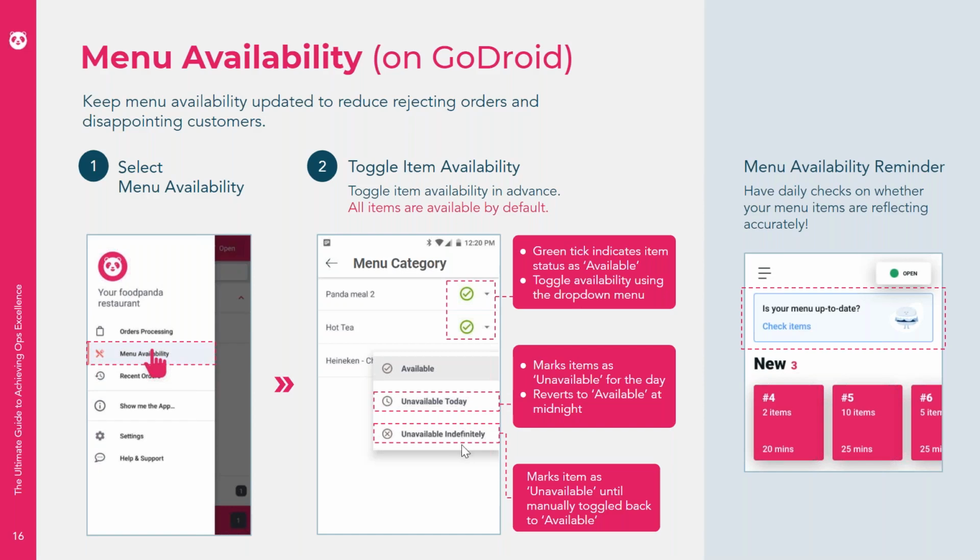But if you set the item to unavailable indefinitely, it means that you do not know when the item will be restocked. So hence, you will have to manually toggle it back to available once your stock is available. Do remember that there are two different options for you to set the items unavailable if it's out of stock.